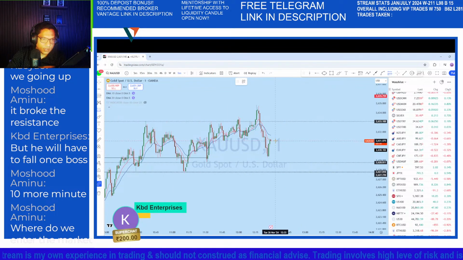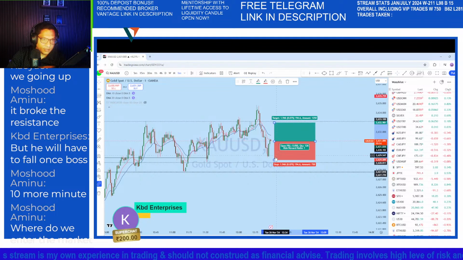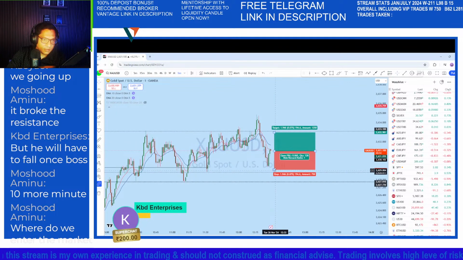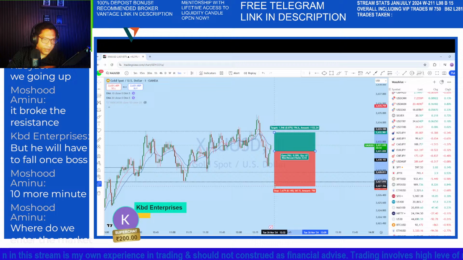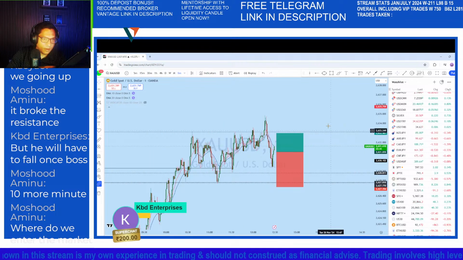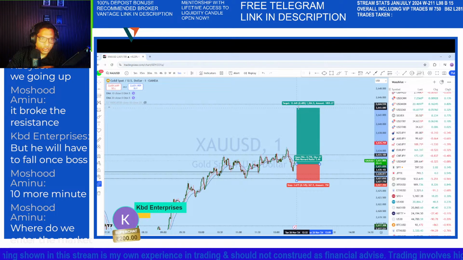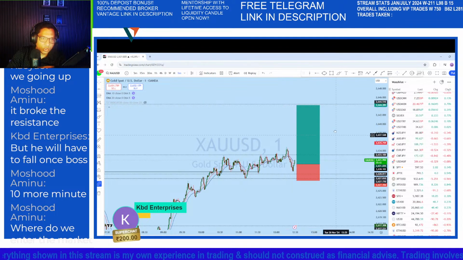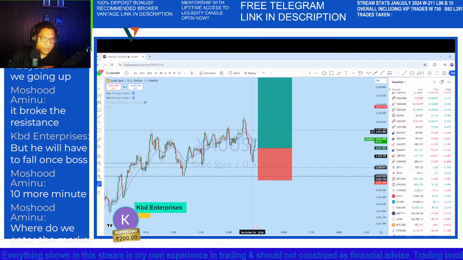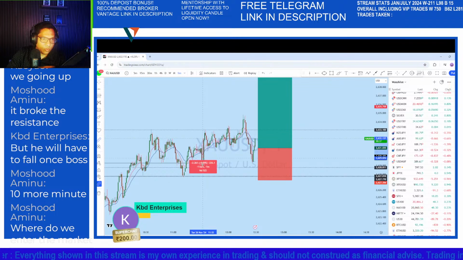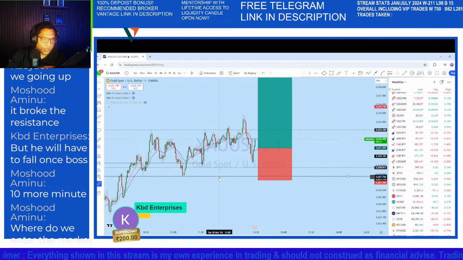We are out with the current trade break even, and this is where XAUSD has potential for upside here. So I will be entering at the moment with a 48 pip stop loss.